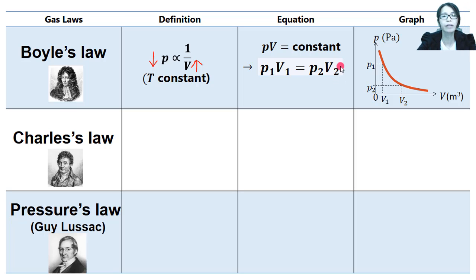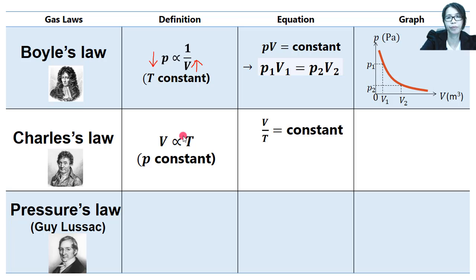The second law is Charles' law. According to Charles' law, the volume of a fixed mass of gas at constant pressure is directly proportional to temperature. So V over T will always be constant.